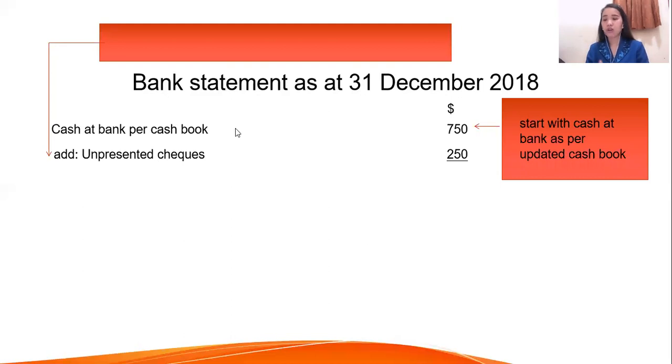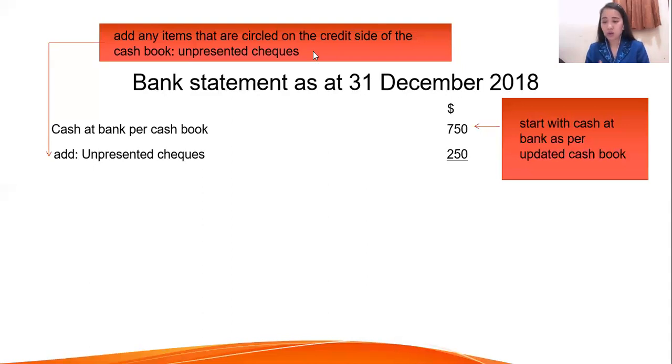Before that, we must know the meaning of unpresented check. Add any items that are credited on the credit side of the cash book, classified as unpresented check. This is an item that we already recorded in the cash book, but the bank did not deduct it.